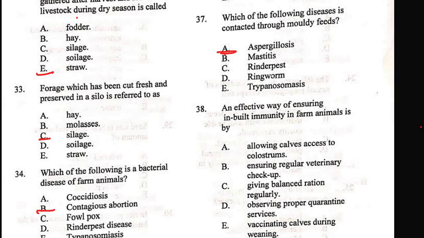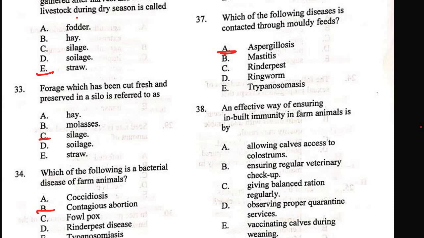Question 38 says, an effective way of ensuring inbuilt immunity in farm animals is by A, allowing calves access to colostrum, B, ensuring regular veterinary checkup, C, giving balanced ration regularly, D, observing proper quarantine services, E, vaccinating calves during weaning.